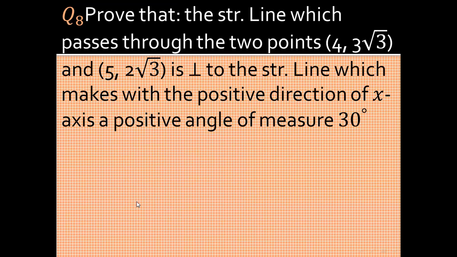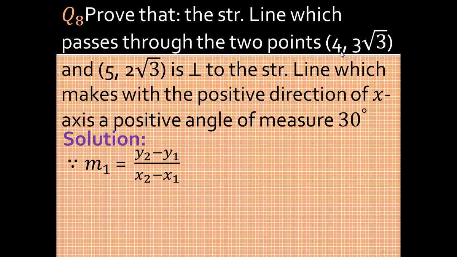is find the slope of the first straight line whose 2 points are (4, 3 root 3) and (5, 2 root 3). To find the slope of the straight line which passes through the 2 points, we need to find the difference of y coordinates over the difference of x coordinates.